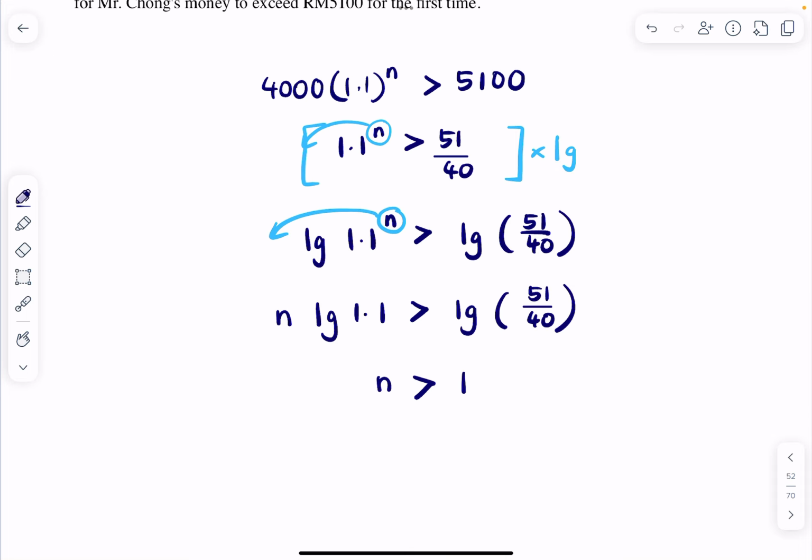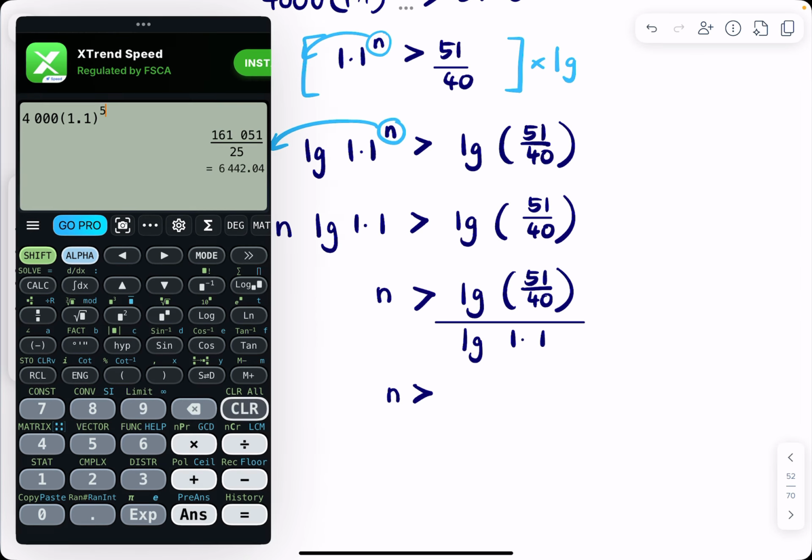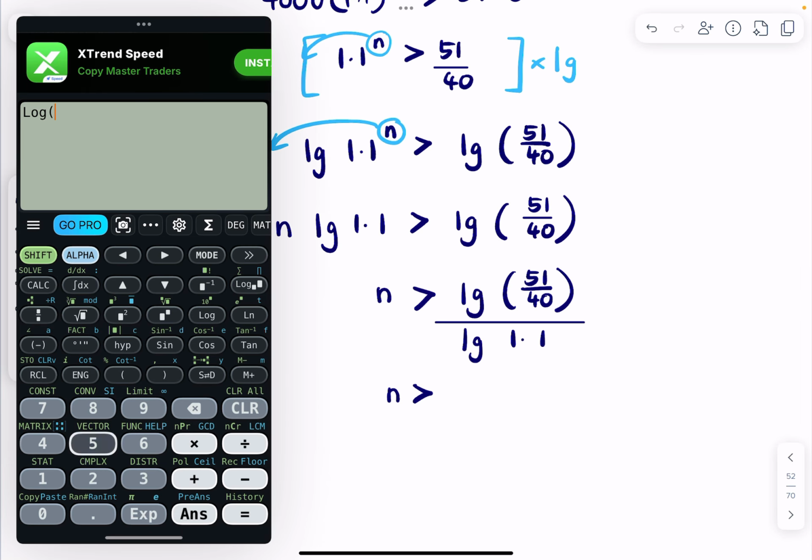Making n the subject, we get log 51 over 40 divided by log 1.1.